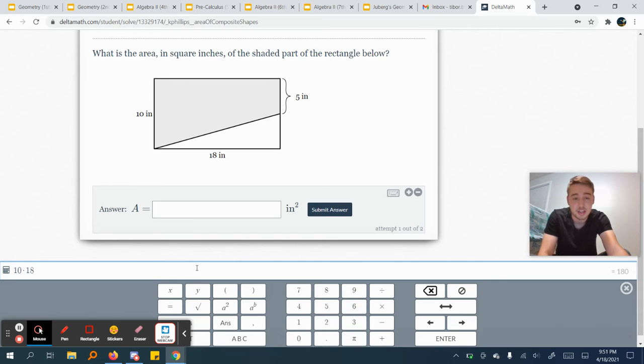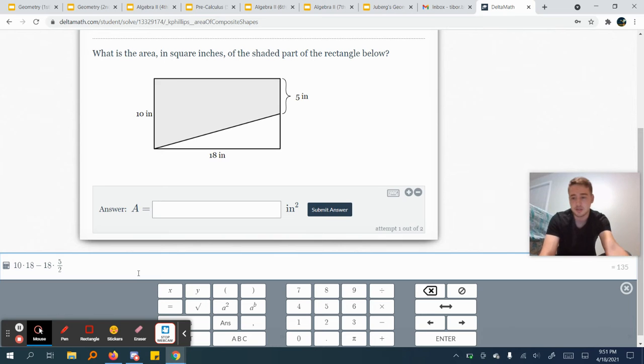So we are going to calculate the area of the unshaded triangle. We're going to do a 5-inch base because it's half of that 10, and an 18-inch height. Well, I guess you could do an 18-inch base and a 5-inch height because it's on its side, but a triangle doesn't care. So we're going to subtract 18 times 5 over 2. What do you know? 135 is the same number we got last time.